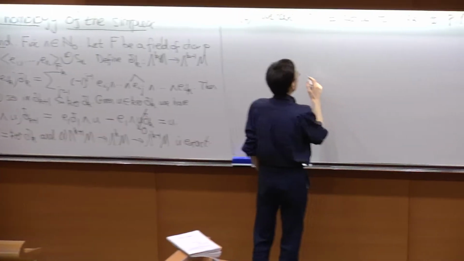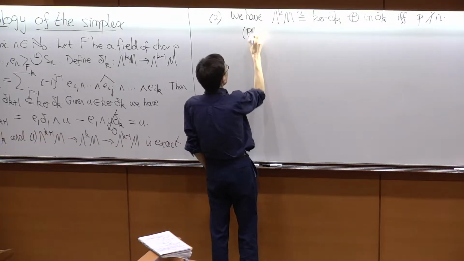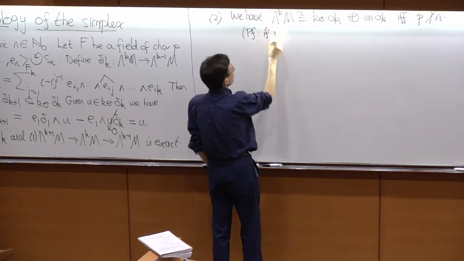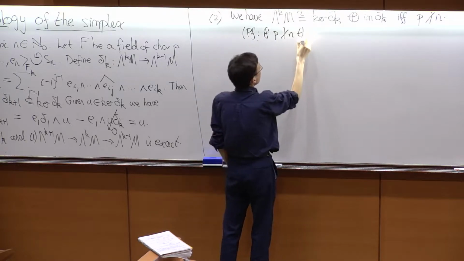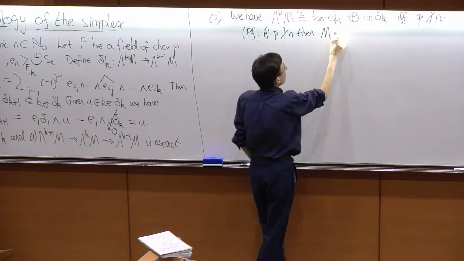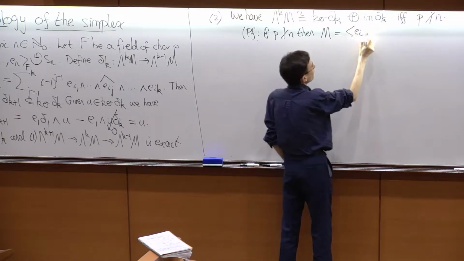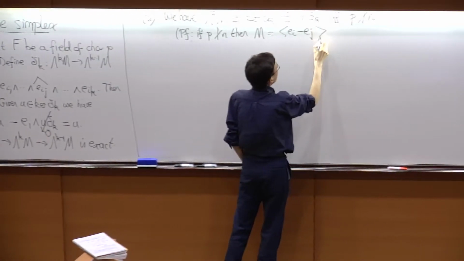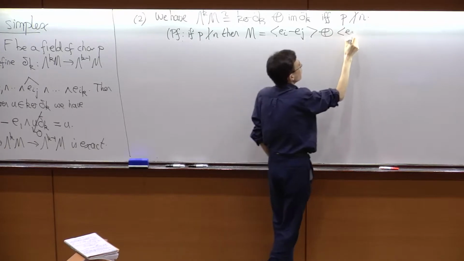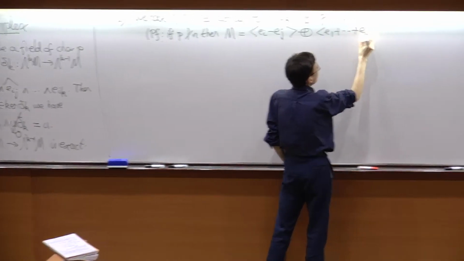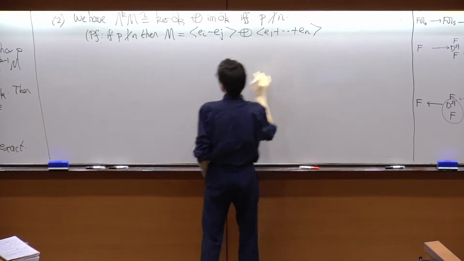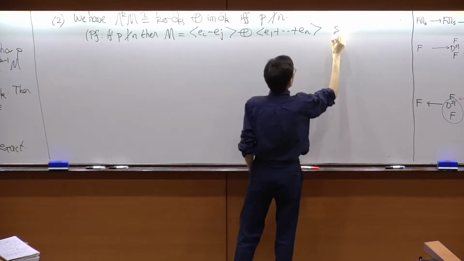Well, let me just sketch the proof of this. So if p does not divide n, then M has a direct sum decomposition, I'm sure we all know, as the Specht module S(n minus 1, 1) and a copy of the trivial module.